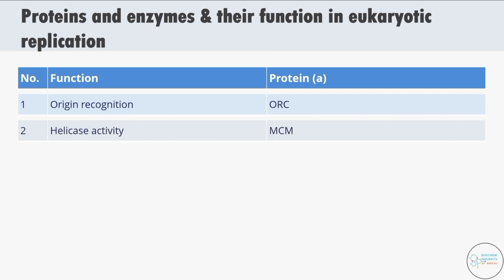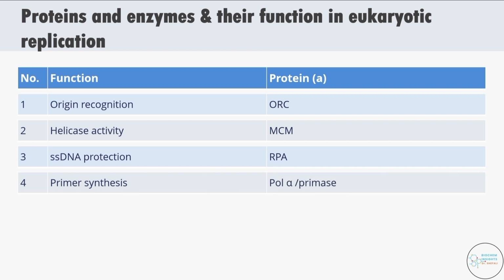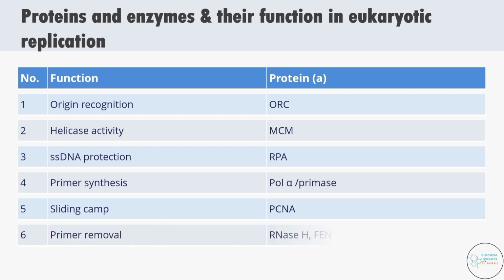The activity of helicase in eukaryotic cells is done by protein MCM. The single-stranded DNA protection is provided by protein RPA. Primer synthesis is done by polymerase alpha or primase. A sliding clamp, PCNA, is used in eukaryotic DNA replication by the DNA polymerases for the synthesis of the daughter DNA strand, and finally the primer removal is done by RNase H and FEN1.